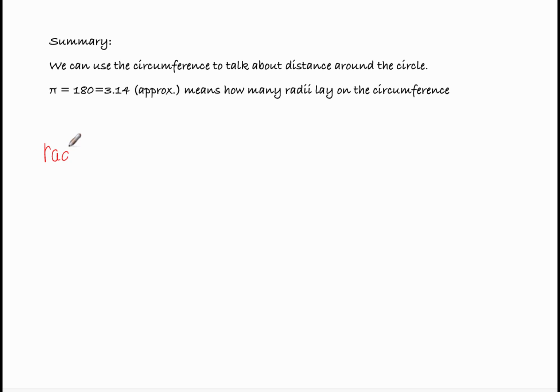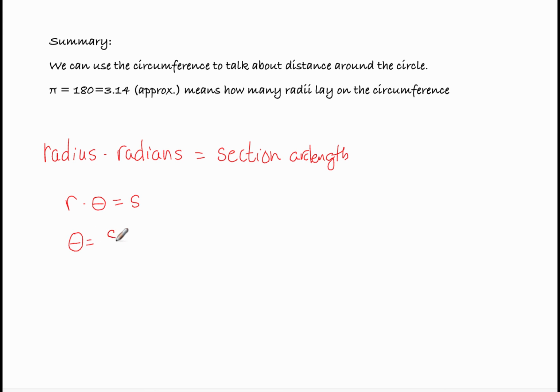Radius times radians will give me my little section of arc length. And if you don't want to write that all out, you can do radius times radians equals arc length. Or you can just say to find a radian, I take my arc length and divide it by my radii.